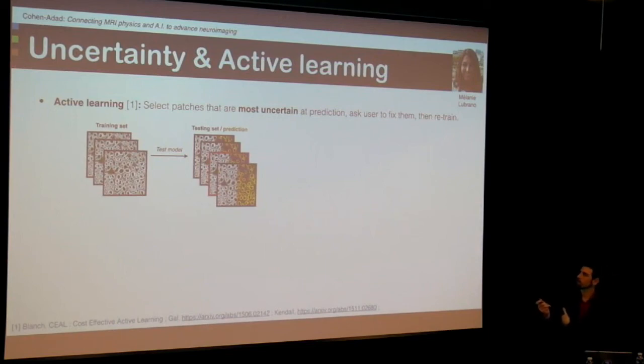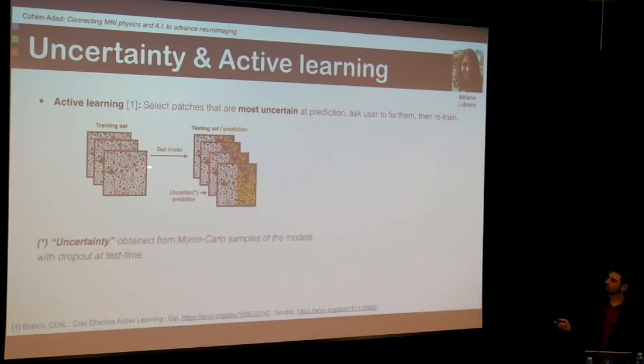So there's a testing set, and there's also a prediction associated with it. And then we can identify the predictions that are the least certain, and that could be based on Monte Carlo samples from the dropouts. It could be based on Bayesian methods. There's a whole literature where you can get more information from Gal et al. about how to measure uncertainty with deep learning.